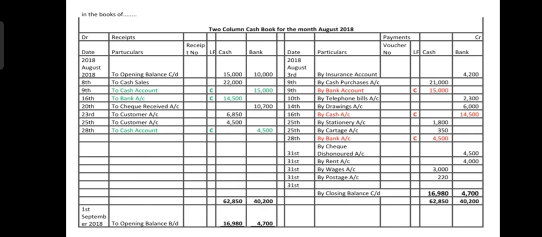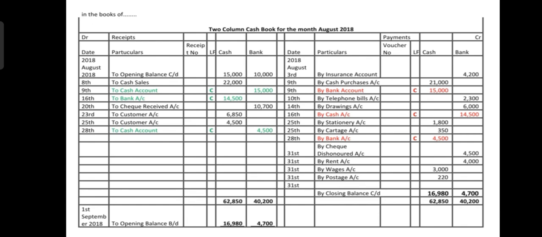And in connection with that, receipt of checks: any receipt received in the form of check, if the type of check is not mentioned, then you should assume that it is an ordinary check, and whether it is deposited on the same day or not is also not mentioned, you need to assume it is not deposited. By using that check, you have withdrawn the cash at the counter of the bank in whose bank the check has been written, and you need to record it in the cash column only.